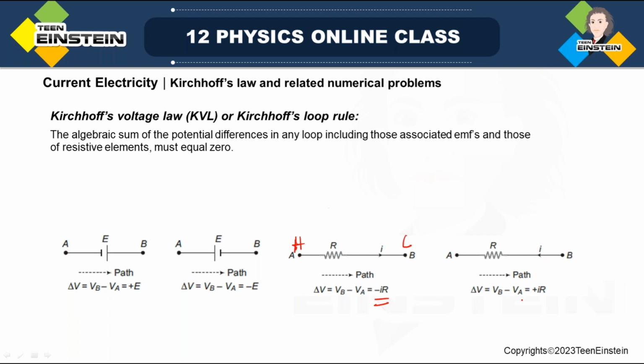But in this case, it is negative of negative, so the current is in the opposite direction. So negative of negative will be positive. Okay, so these are a few things about sign conventions. Okay, we'll go to the example part.